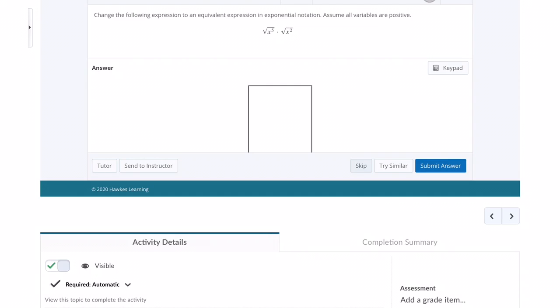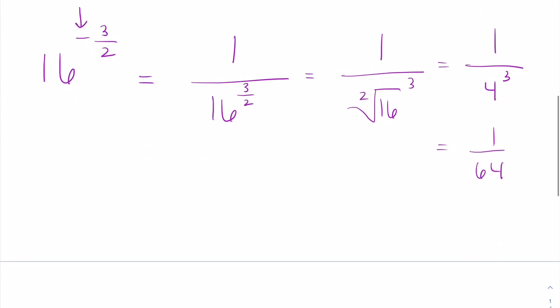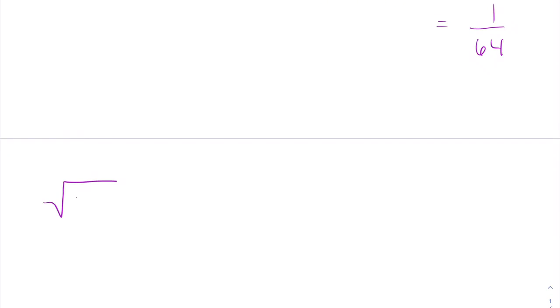All right, now let's go ahead and look at this one, because notice this is one of those cases where we're going to be writing this as one radical expression. So I've got the square root of x to the 5th times the square root of x squared.